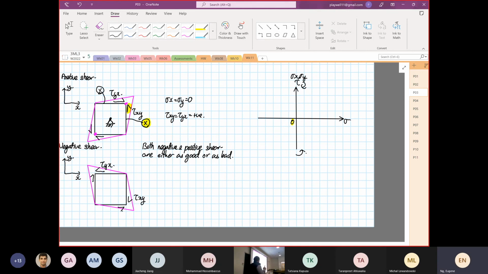Focus on the highlighted yellow arrow. How will the element rotate? Clockwise or anti-clockwise? Anti-clockwise. Very good. Anti-clockwise. Right? So now, question for you, is anti-clockwise on top or below of the Mohr circle? Below.